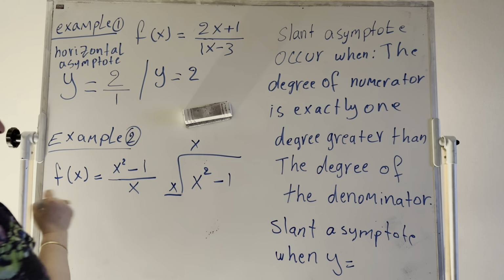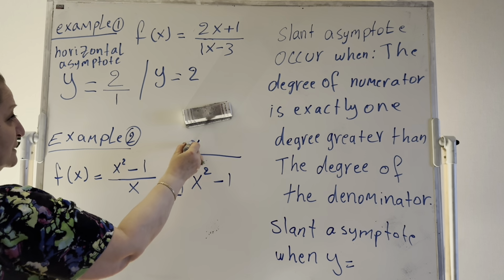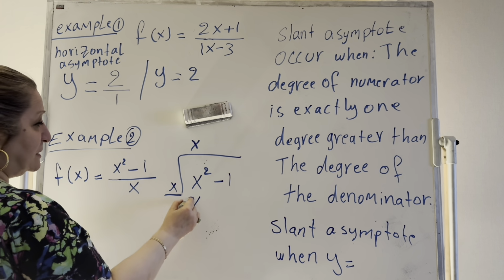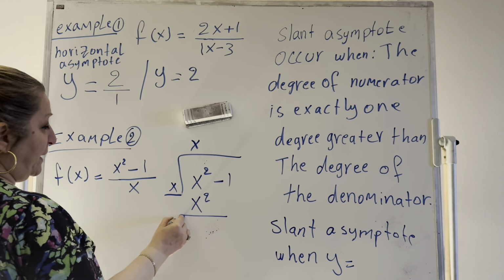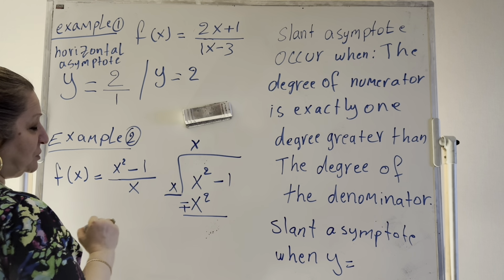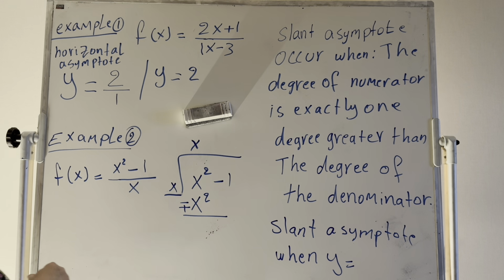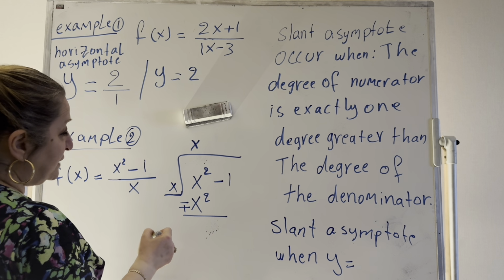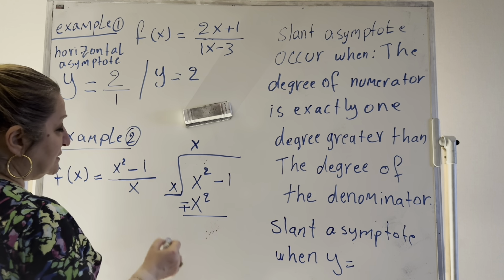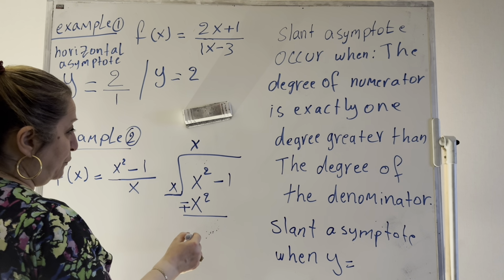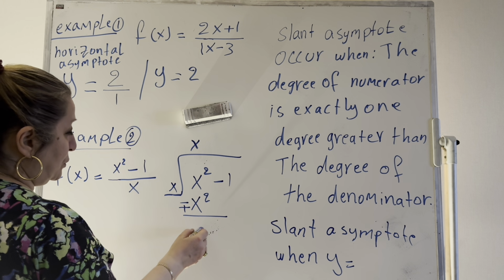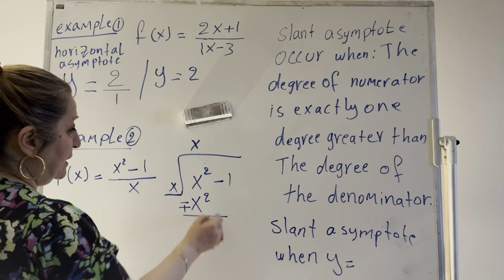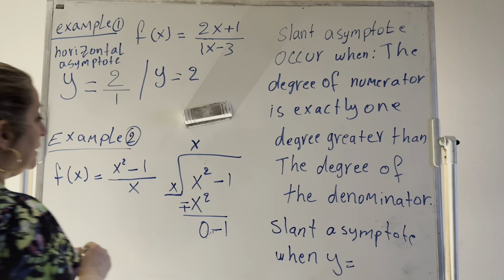It will be 1x, x times x is x squared, and this plus we change to minus because we will use subtraction. x squared minus x squared will be 0, and I will write minus 1.